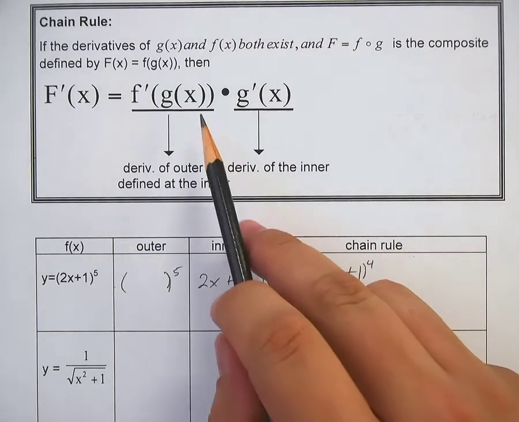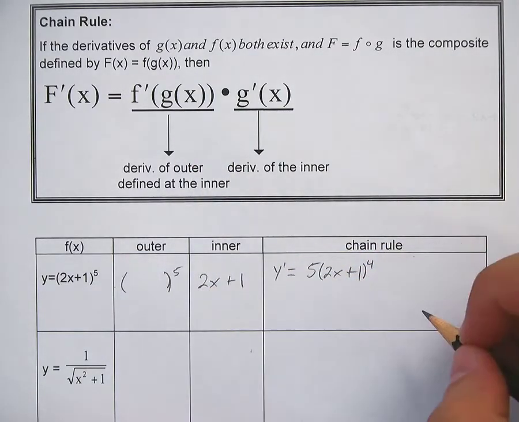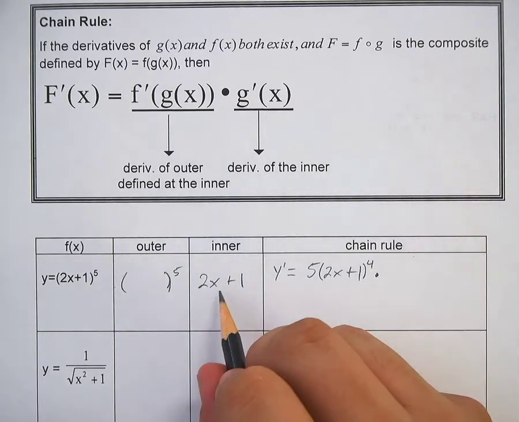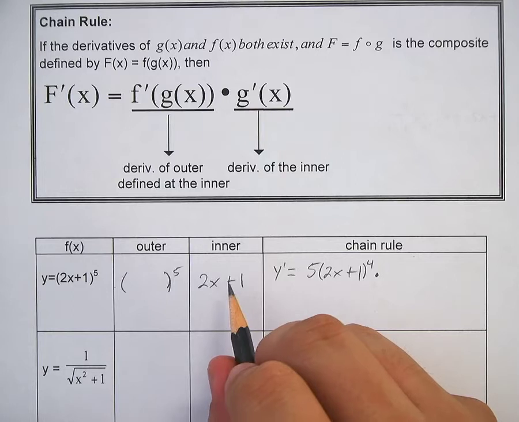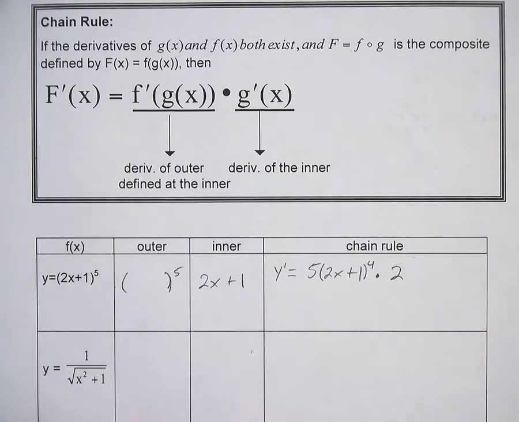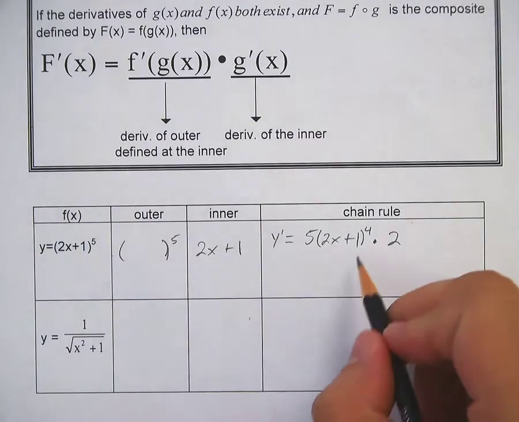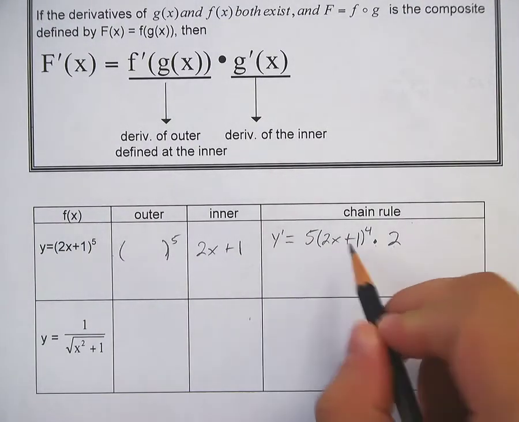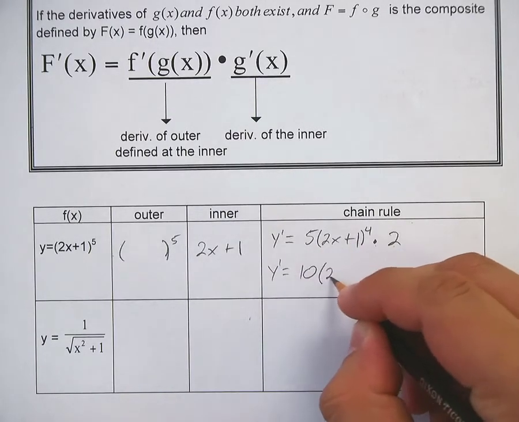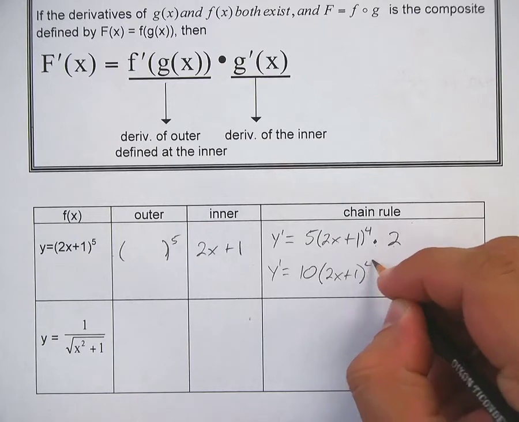See, the inside is g of x, it just stays the same. And then times the derivative of the inside, which is 2x plus 1, so the derivative of this is 2. That's the chain rule. And then you can simplify it by saying 5 times 2 is 10, parentheses, 2x plus 1 to the fourth.